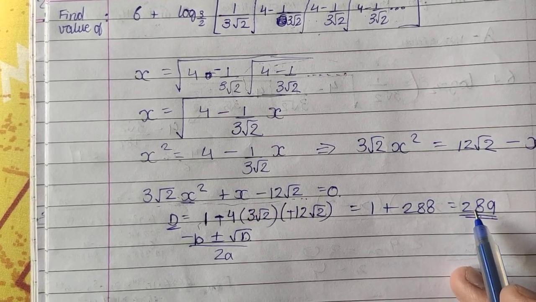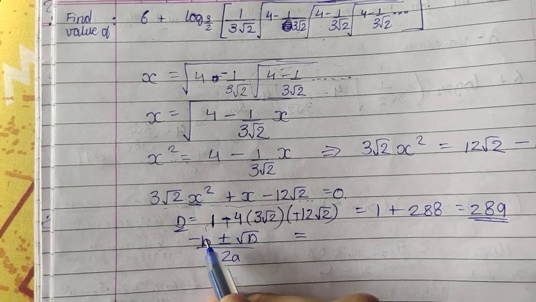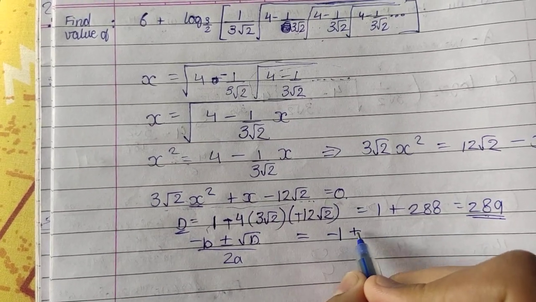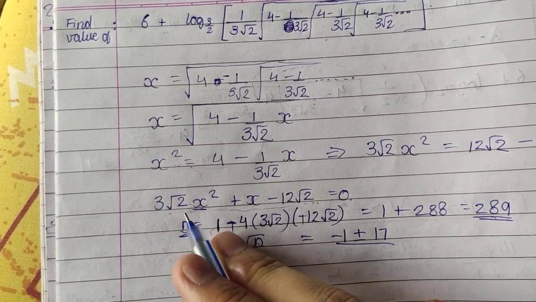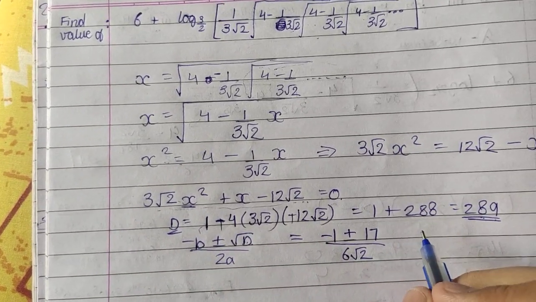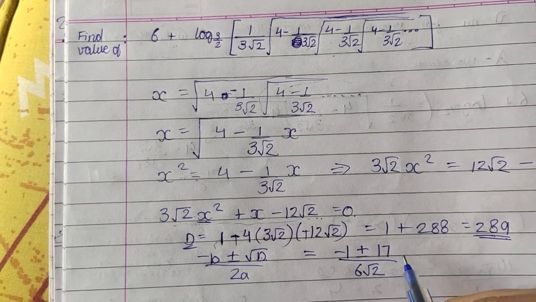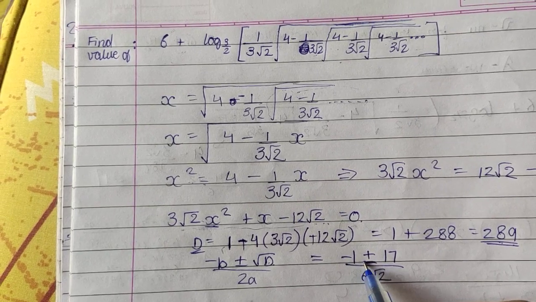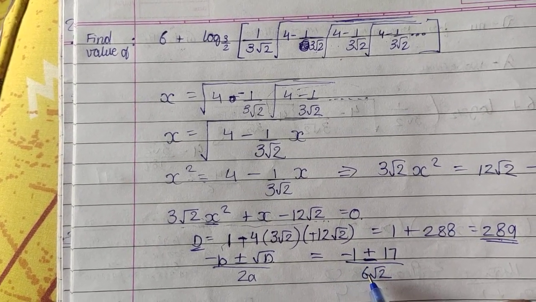So this is something that we can be happy about. Maths makes us happy. So let's go. Minus b plus minus 17 by 2a. 2a is 6 root 2. Here one thing that we need to think about is that if I keep this as minus, then this entire term will also be negative.